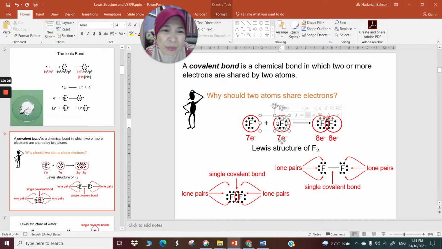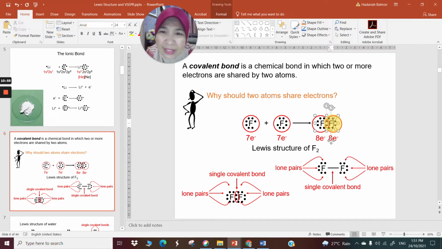The way to make both fluorine atoms fulfill the octet rule is to make them share a pair of electrons. If they share a pair of electrons in this way, the electron that is shaded yellow in this diagram, belonging to the fluorine on the left, also goes to the fluorine on the right.